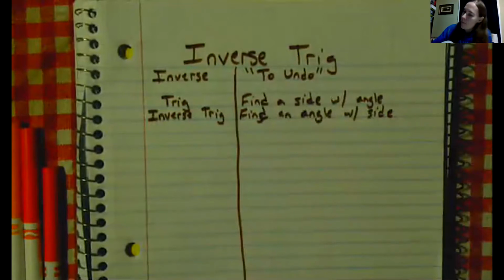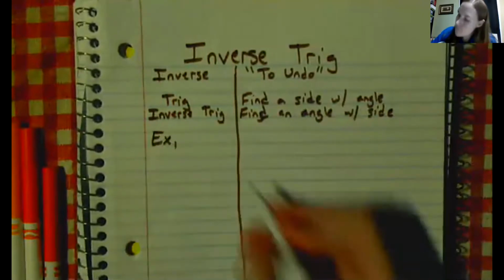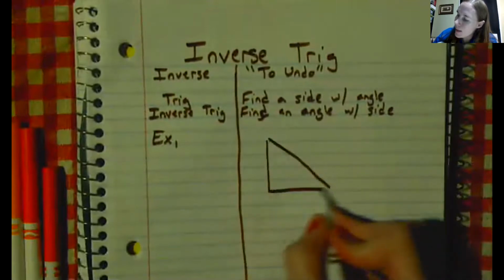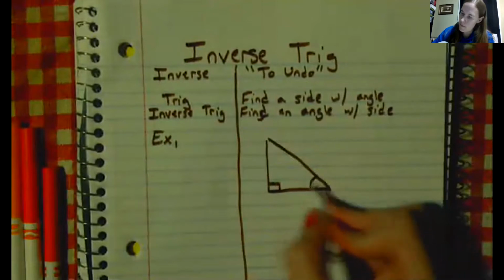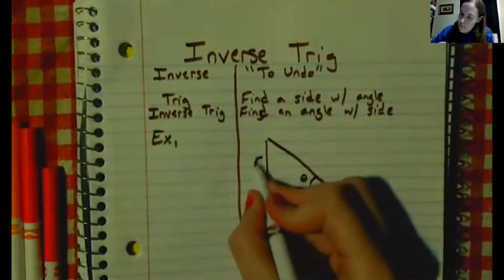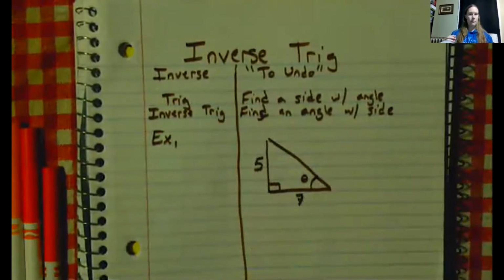So we're going to do two examples. So example one, say we had a triangle that looks like this, where this is going to be my theta or my reference angle. And the information I'm given are these two sides, 5 and 7.